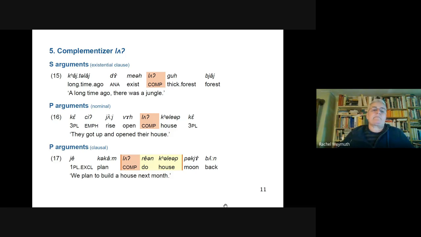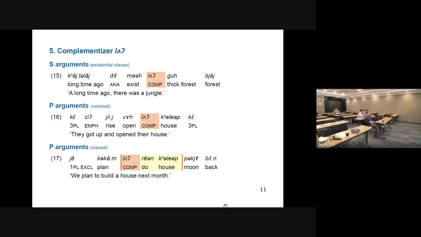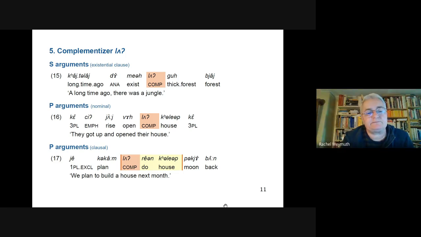Here, I don't know. Here simply the P argument is marked, so it is simply an argument marker.